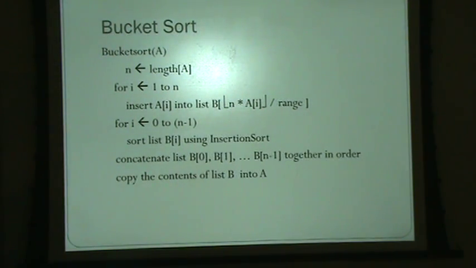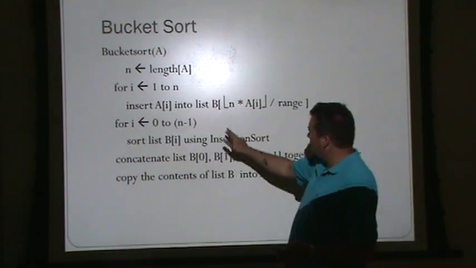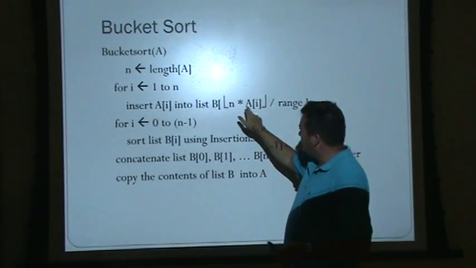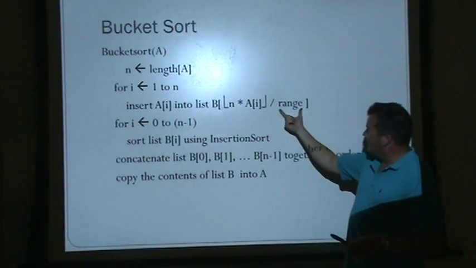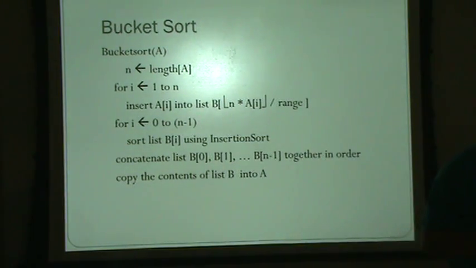So we have like B buckets in this case. We take the number and divide it by the range of the numbers. So this would be, again, if we knew a range of which the numbers can be in, rather than have an array like the counting sort, we would have just buckets.